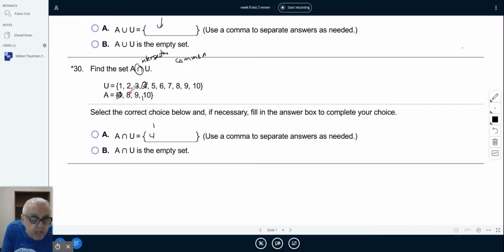We both have 8s. 8 is in common. We both have 9s and 10s. These are the only numbers in common. The N means what's in common with these two, and the answer is 4, 8, 9, and 10. I'm going to problem 31.